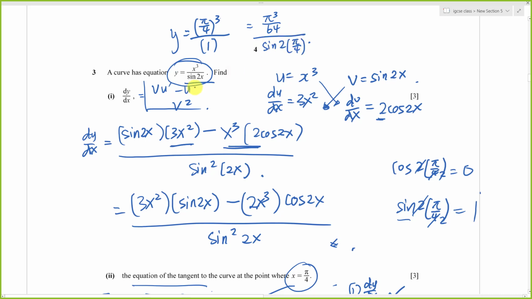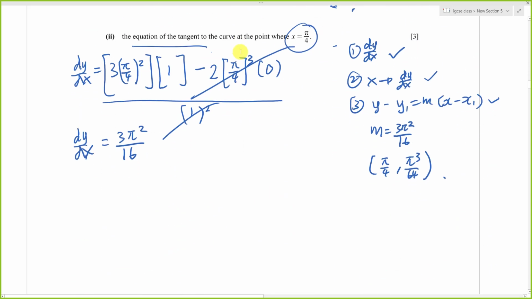Because x is pi over 4, you simplify, this is pi over 2, sine pi over 2 is 1. So the whole thing becomes 1, then I just cancel it out. Therefore I only left pi cubed over 64. Do you get it? You sure?